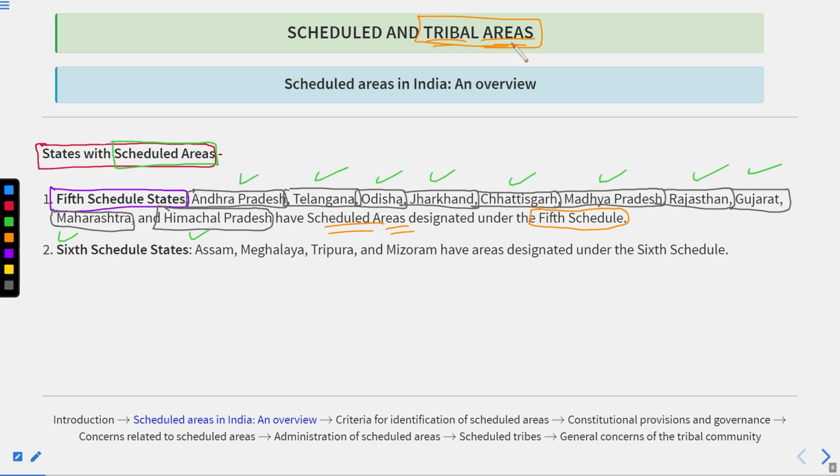They claim that the government is not doing beneficial things for the tribal population. Okay, and to fulfill their aspirations, basically they chose the way of weapons. They are using weapons, they are attacking government establishments, the police forces, the military forces, the paramilitary forces, whichsoever are stationed in the states.